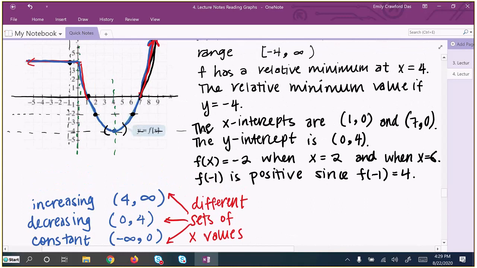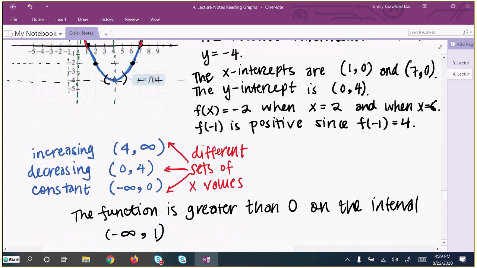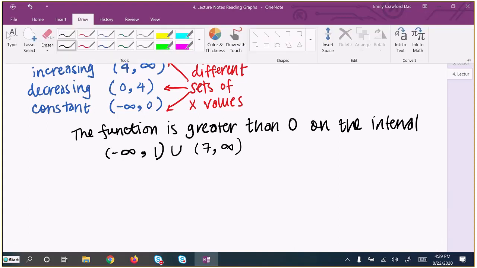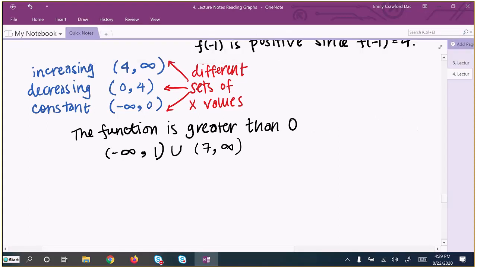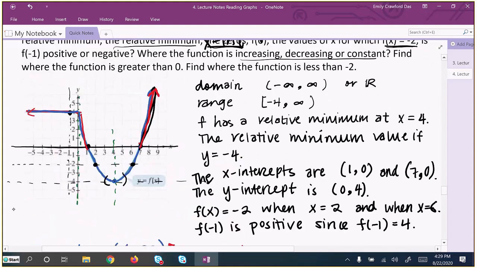It's also greater than 0 here on this other side. So from x equals 7 going off to the right, so remember we have this union symbol to say 7 and going all the way to infinity. So we say when x is in this set, negative infinity to 1, as well as 7 to infinity.